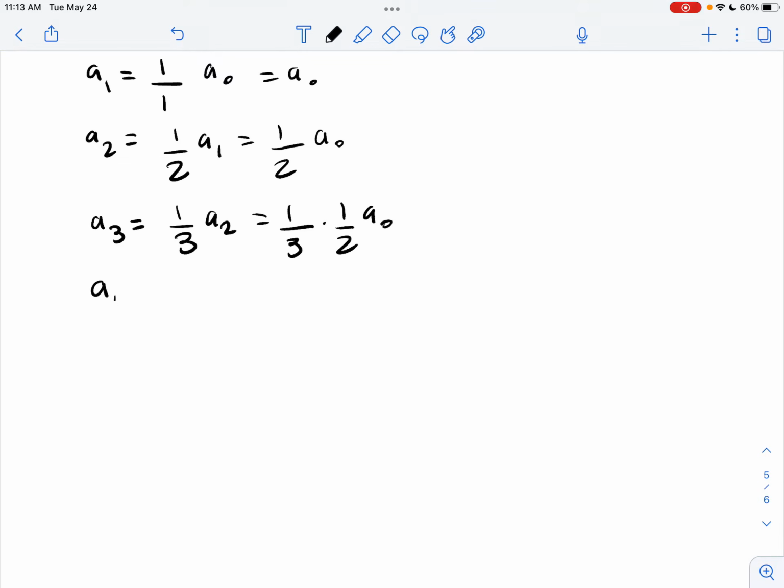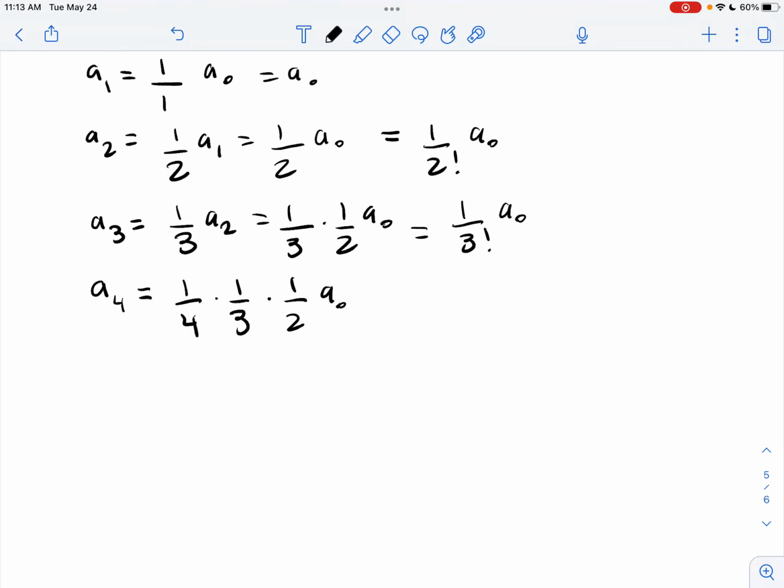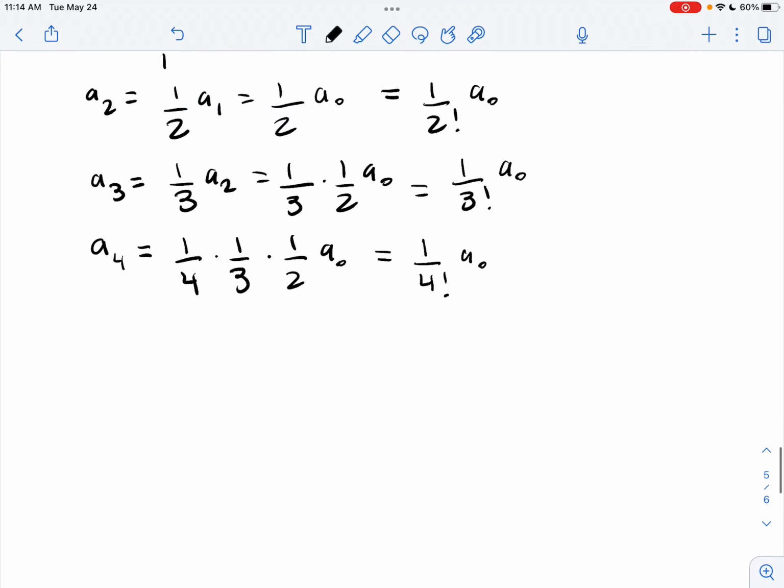Let's go one more: a4 is equal to 1 over 4 times what we have before. It seems like we keep getting a factorial, don't we? The first one is 1 over 2 factorial a0, this guy is 1 over 3 factorial a0, this guy is 1 over 4 factorial a0. And so the pattern is clear. This means that a_n is going to equal 1 over n factorial times a0.